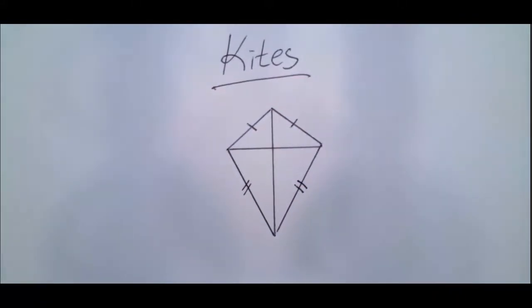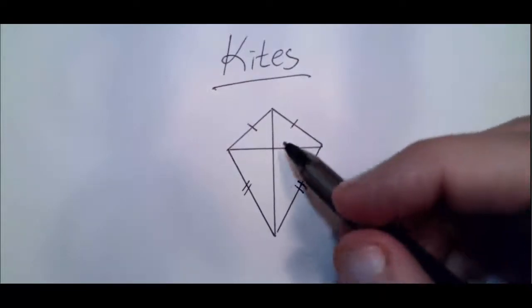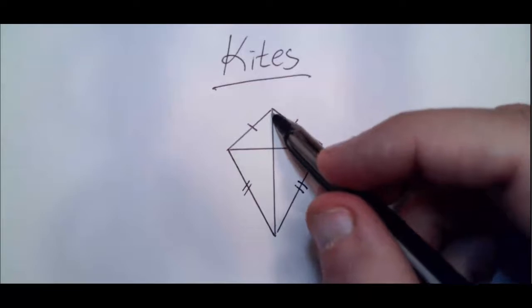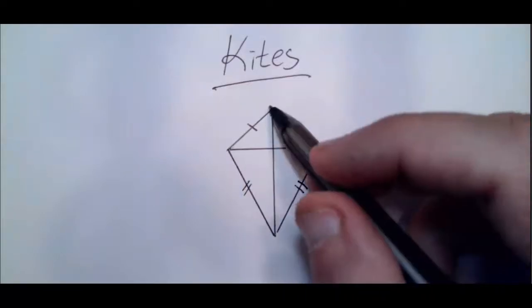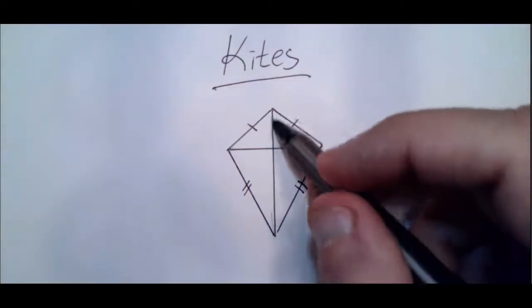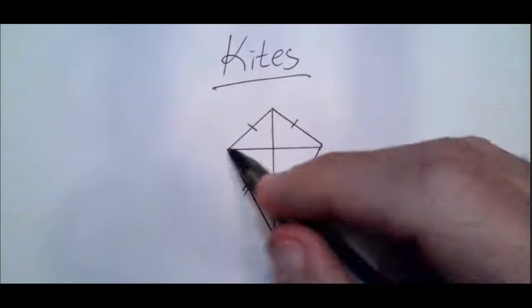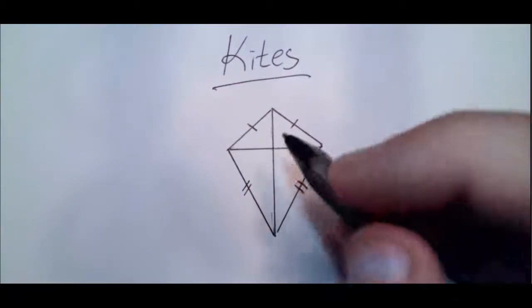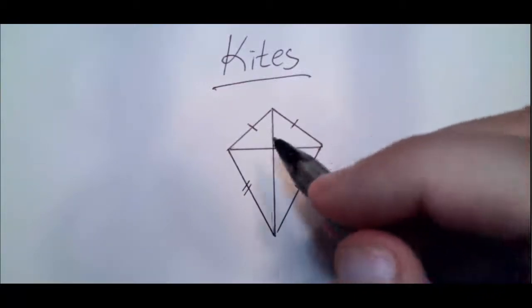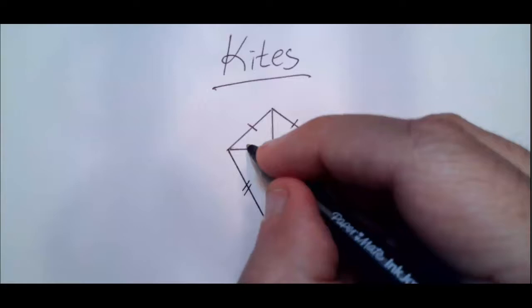Now, because the kite has two intersecting segments, we do have a situation where these are not congruent. So this diagonal and this diagonal are not congruent, but one set will be bisected.